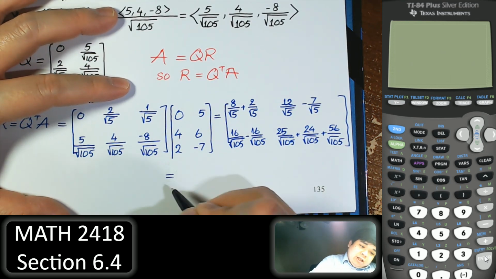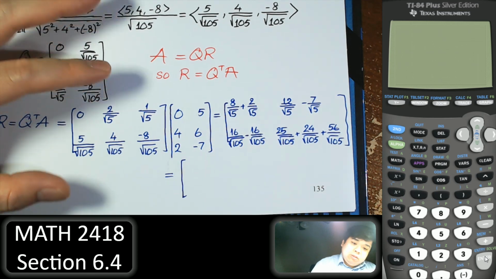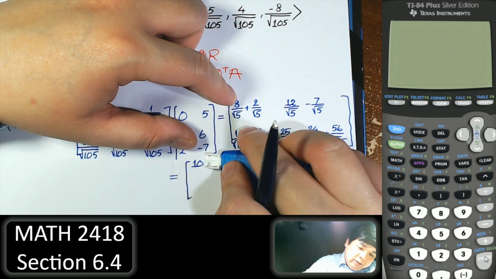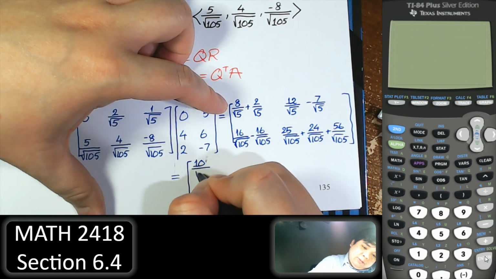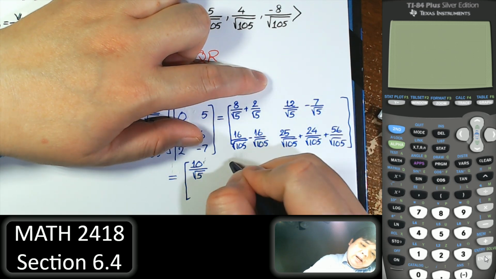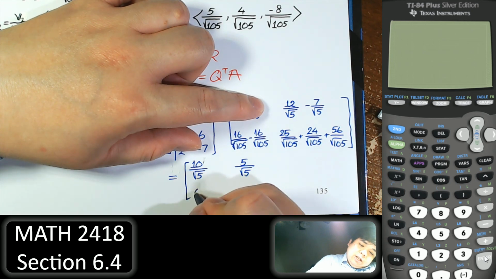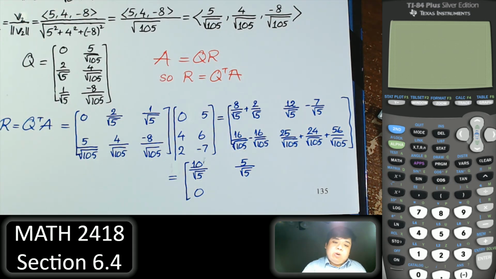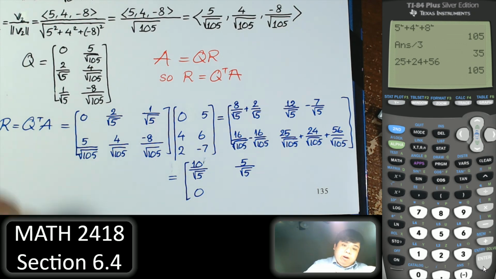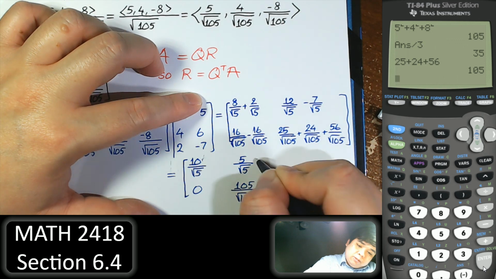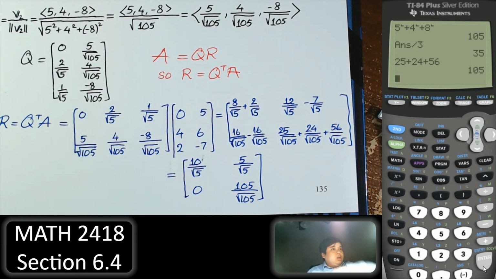That gives us the matrix R: 10 over square root of 5, and then 5 over square root of 5, 0, and 25, 24, and 56 over square root of 105. Right, so that is the matrix R.